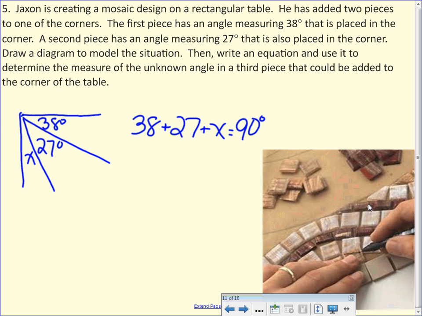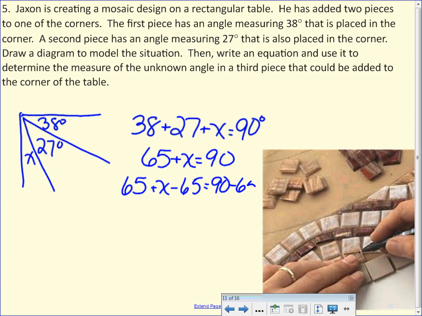So let's combine like terms. So we have less expressions, less terms. So what's 38 plus 27? Use your margins, do the math. 65 plus x equals 90. 65 plus x minus 65 equals 90 minus 65.